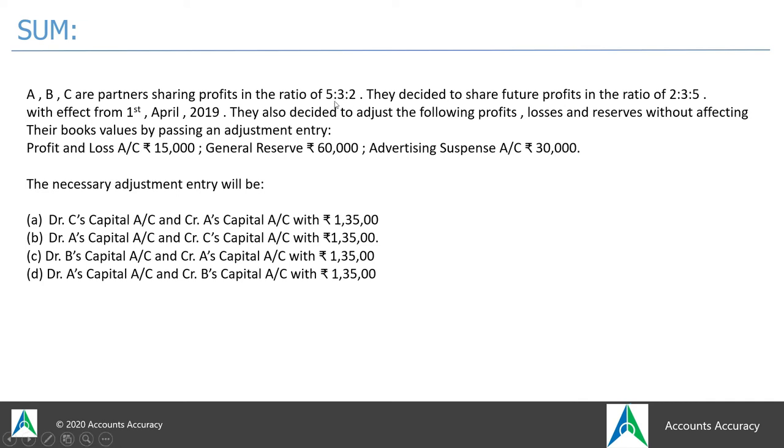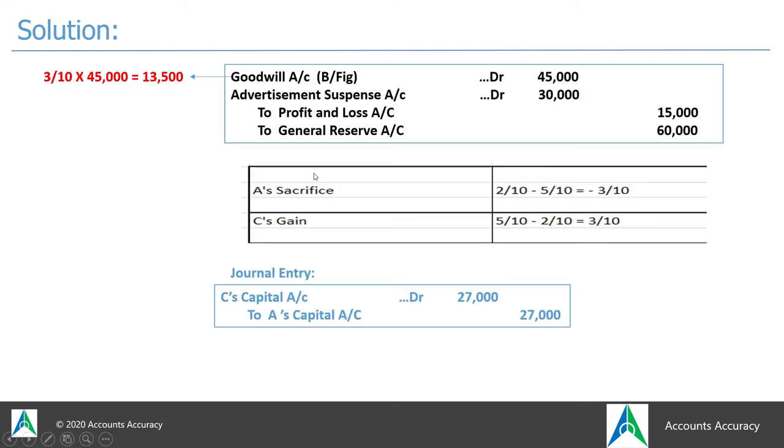5 plus 3 plus 2, that is 10. 5 by 10th portion has changed to 2 by 10th portion for A, whereas 2 by 10th portion of C has changed to 5 by 10th portion of the profit for C. So that you need to find out. Apart from that, as there are profit and loss, general reserve and advertising suspense, first of all we need to make the journal entry.